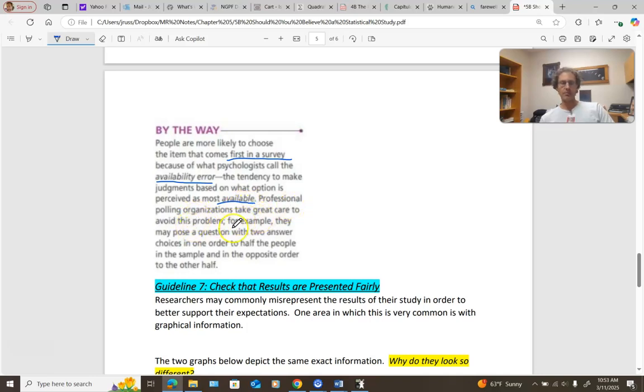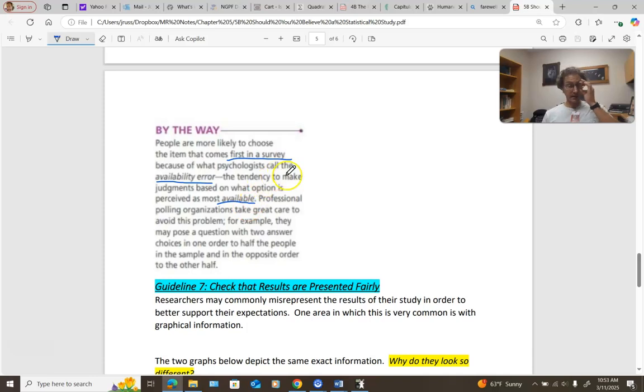For example, they may pose a question with two answer choices in one order to half the people in the same sample and in the opposite order to the other half, and then they maybe average the results. Okay? So like I said, this whole idea of sampling and how sampling is done is a science unto itself. Okay?